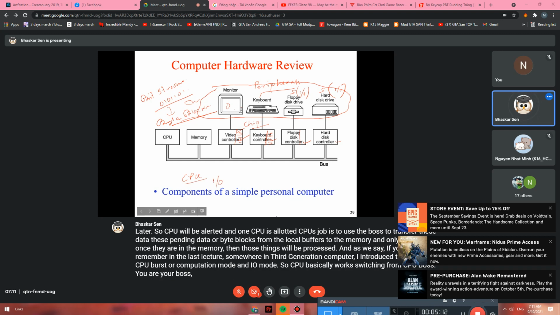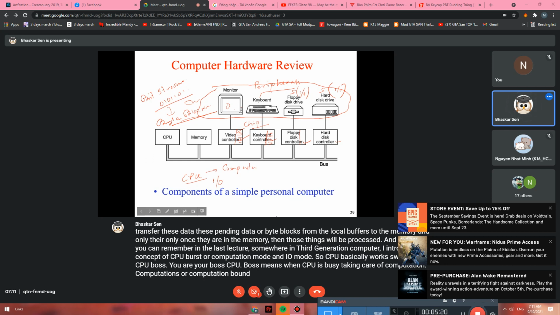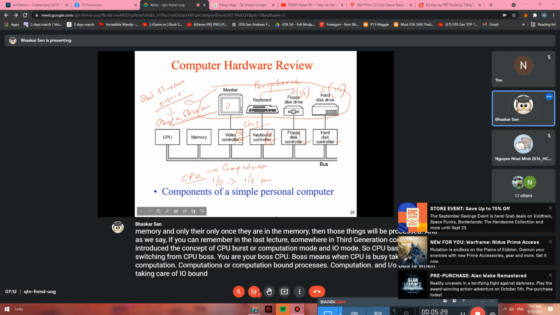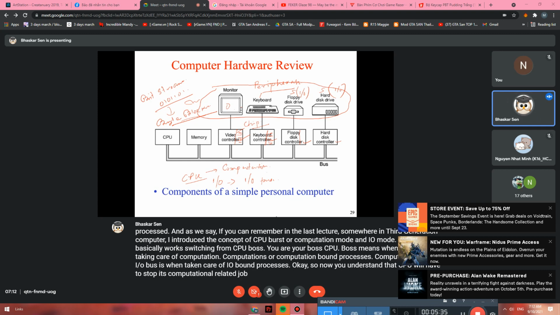CPU burst means when the CPU is busy taking care of computations or computation-bound processes, and I/O burst is when it's taking care of I/O bound processes. So now you understand that the CPU will have to stop its computation-related job and use the bus, because the bus is definitely one of the most important components.